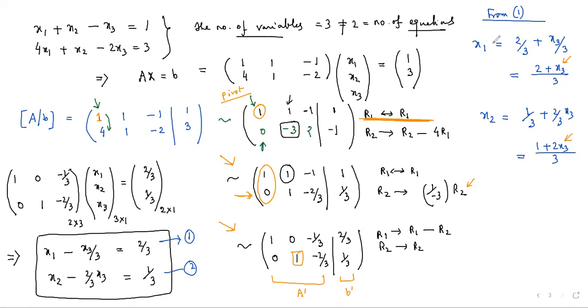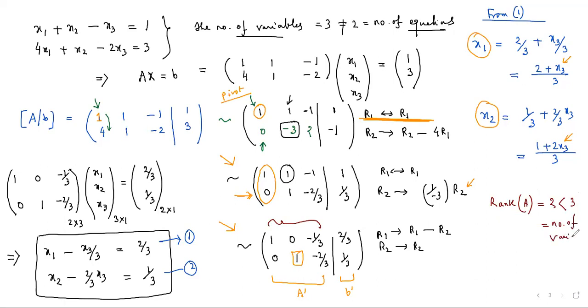If I want to find x1 and x2, we need to know what x3 is. Again, from this calculation, the rank of the given matrix is actually 2, which is less than 3, the number of variables.